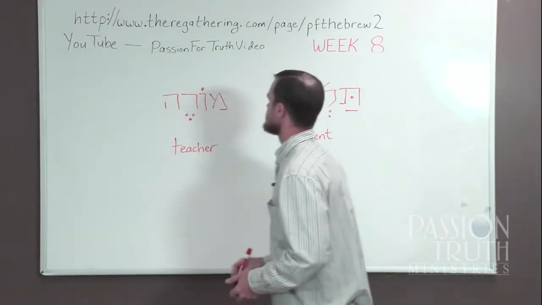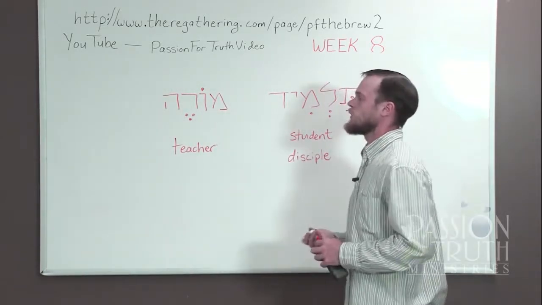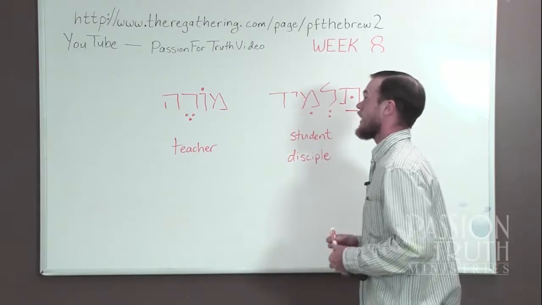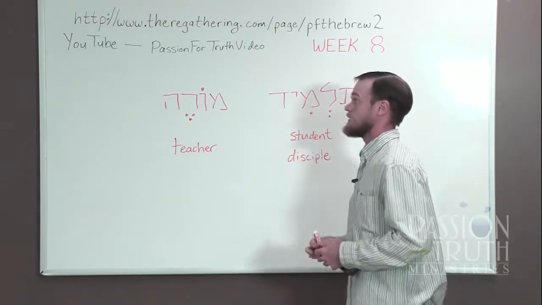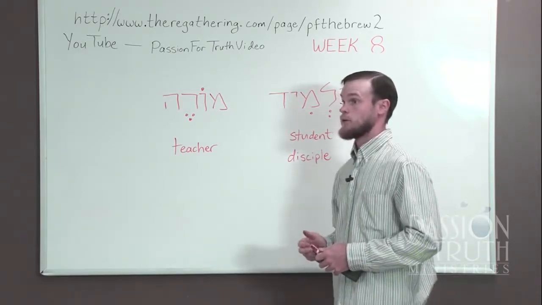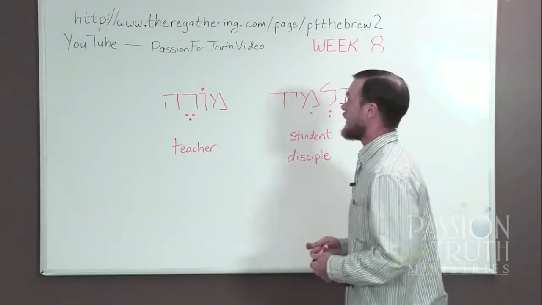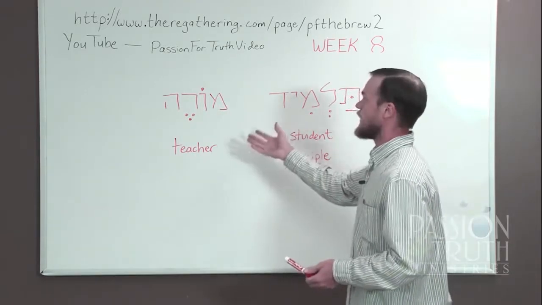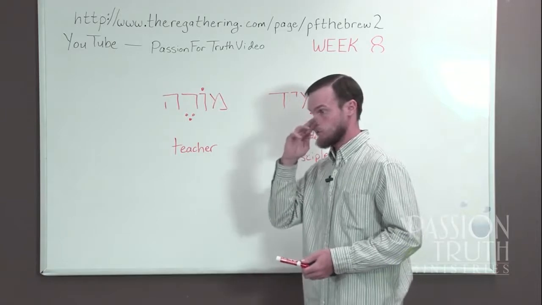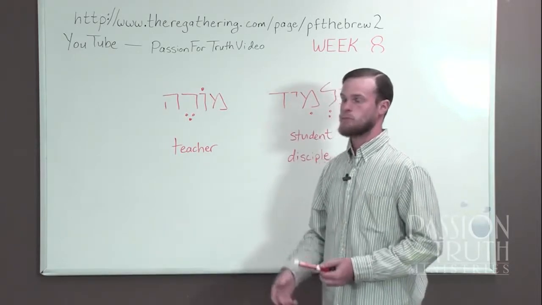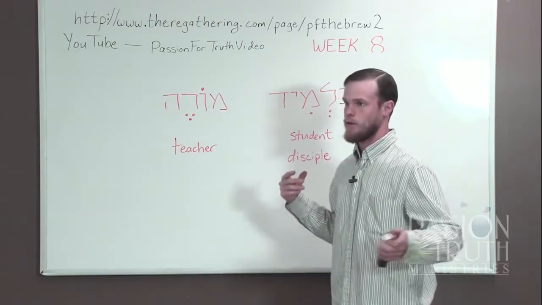Which isn't related to rabbi. No, Moreh is not related to rabbi. Actually, oddly enough, Moreh is related to Torah. They both come from the same root. The root behind Moreh and Torah is a word that means to throw, or possibly to shoot, like an arrow.